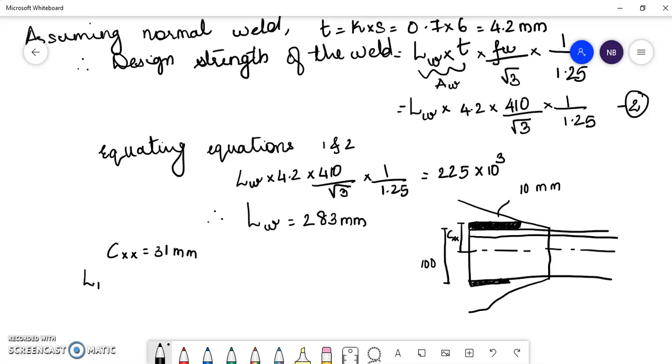Now let L1 be the length of the top weld. So this is L1 and this is L2.